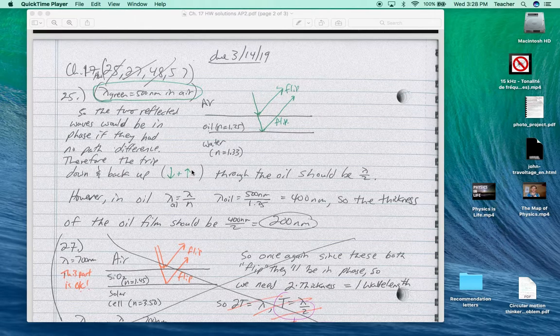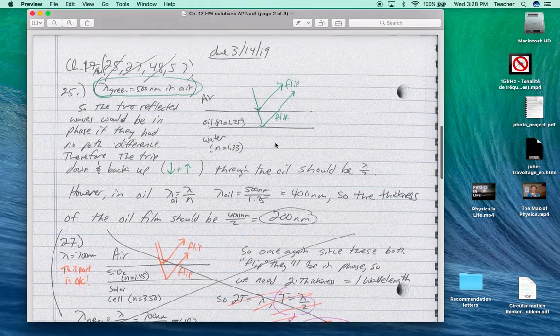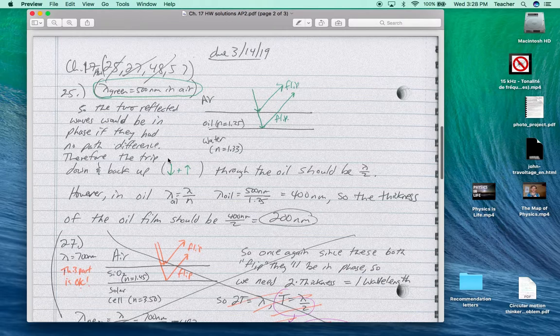So since they both flip, and there's this extra distance down plus up, that would end up being a path length difference of, let's see here. I hope it was asking about destructive interference, yeah. So if they would be in phase since both of these flip, we would need a half wavelength path difference for destructive interference.